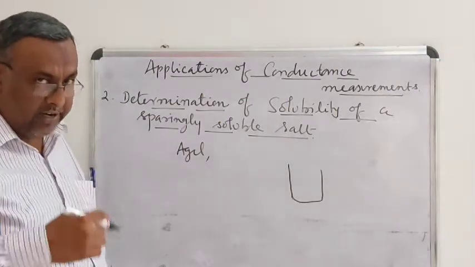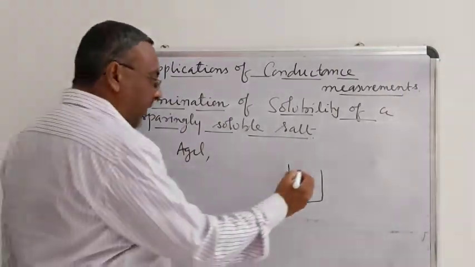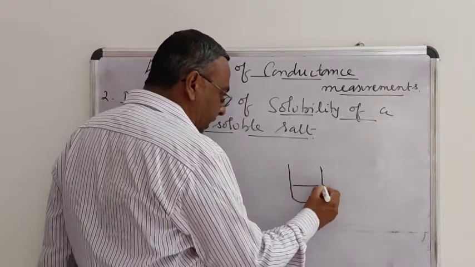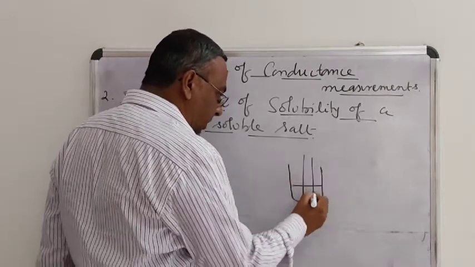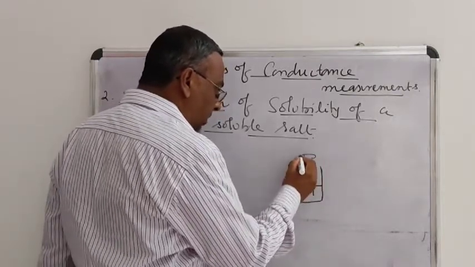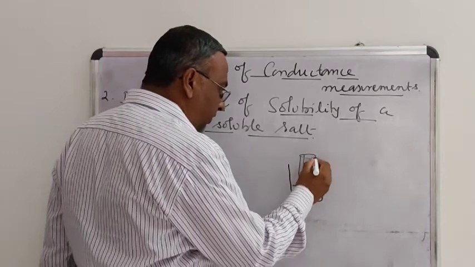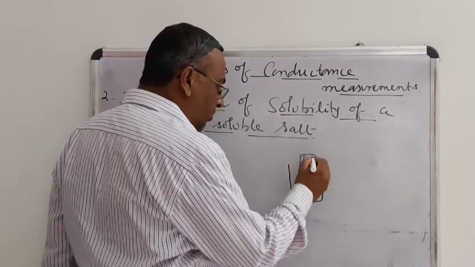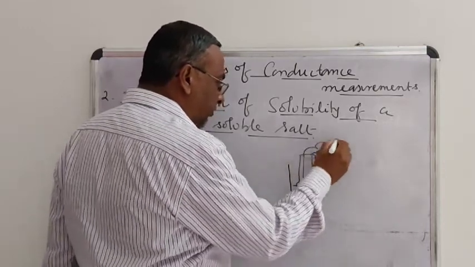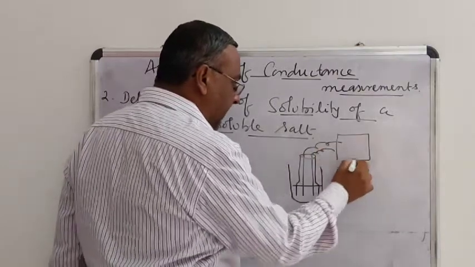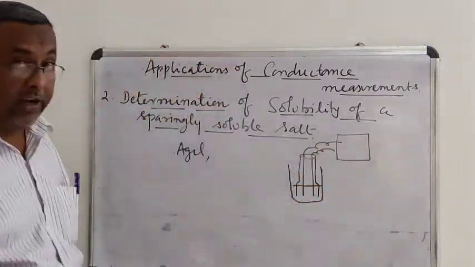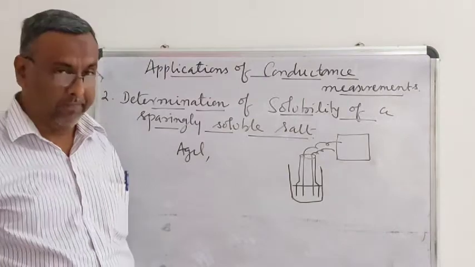The silver chloride solution is filtered and introduced into a cell. A cell is made up of 2 electrodes, and these 2 electrodes are connected to the conductivity bridge. We find out the conductance of the solution.